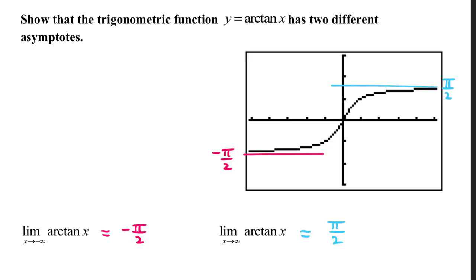Now that we've inverted the graph of tangent for one cycle so that it's a function and it's 1 to 1, we have this particular looking graph. Well, out here on the far left end, we have our vertical asymptote from tangent. On the far right end, we have a horizontal asymptote at positive pi over 2.